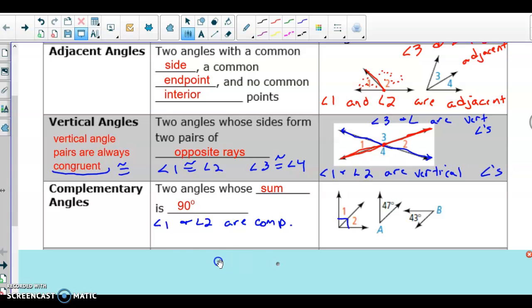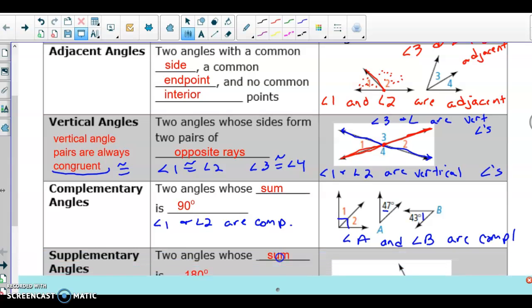I'm just going to abbreviate that. And if you notice, if A is 47 degrees and B is 43 degrees, those two amounts add up to 90 degrees. So angle A and angle B are also complementary. But if you know angles are complementary, you know they have a sum of 90 degrees.